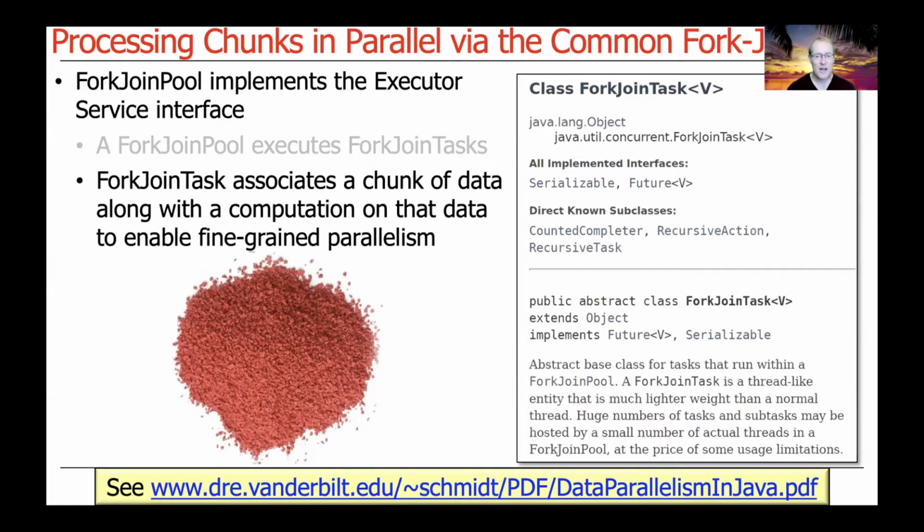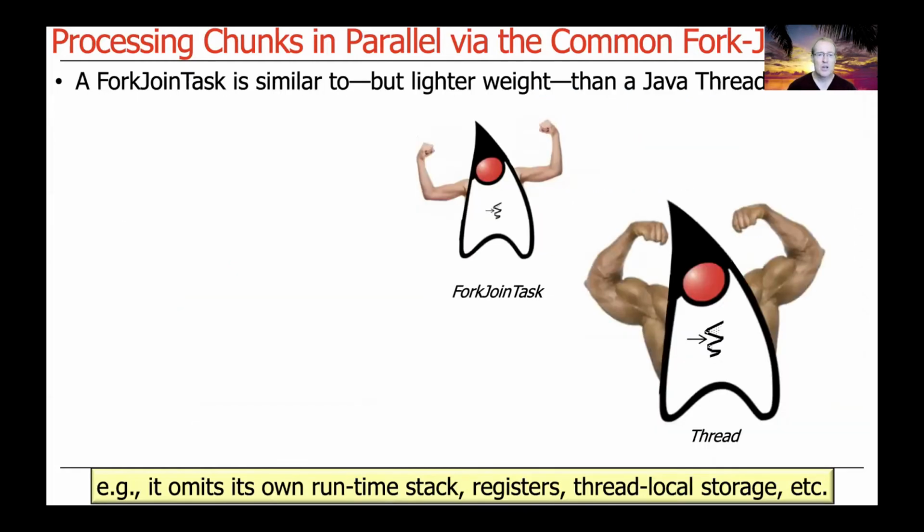So it's very lightweight, as we'll see in a second. You can think of a fork join task as basically a very lightweight thread. And I'll compare and contrast fork join tasks and threads in a second, but that's the way to think about it. It's like a unit of computation that doesn't have all the state and behavior of a full-blown thread.